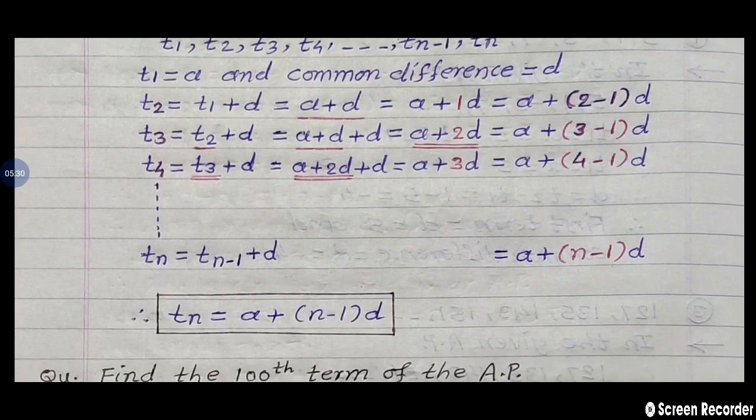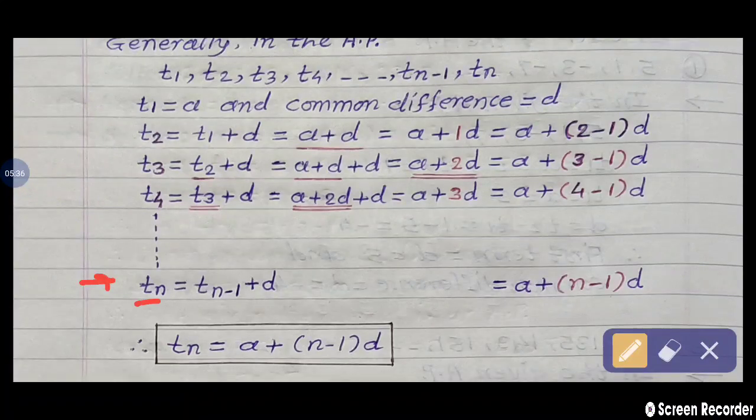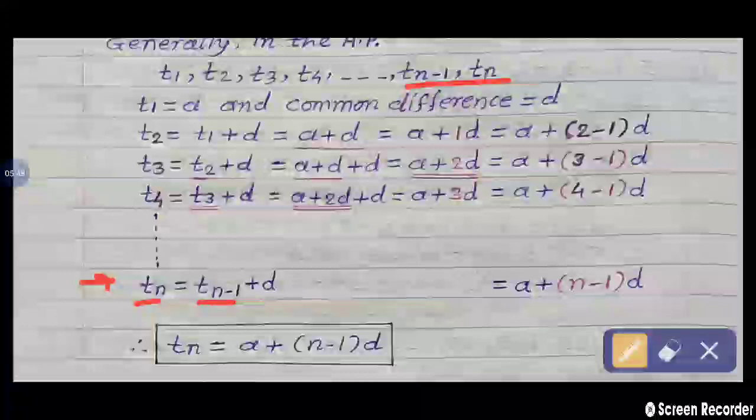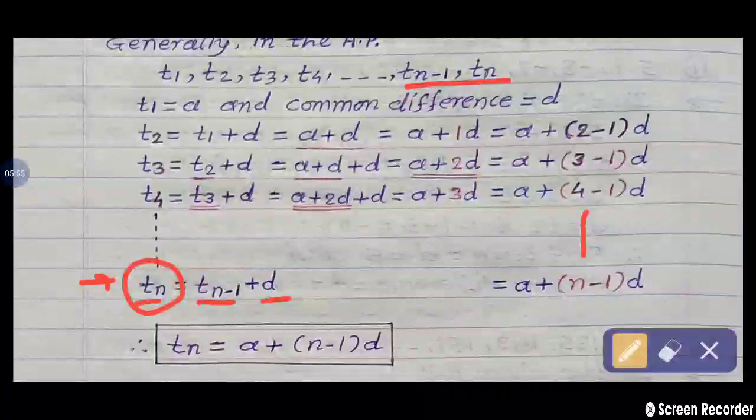In general, check now, if we find the nth term Tn, what is the previous term? Check in the general sequence, Tn minus 1 is the previous term. So we are adding the difference, so plus D. So in general, if we find the nth term, what do we write here? N. Is it right?